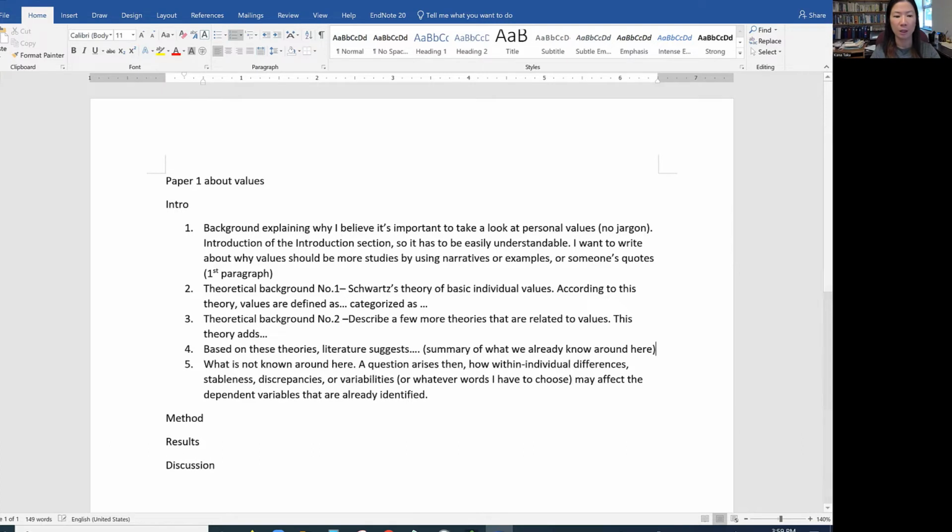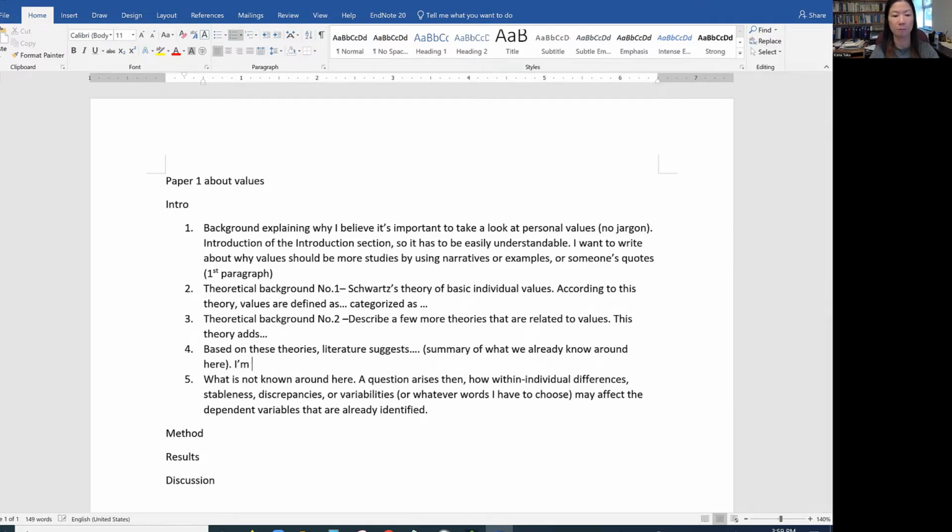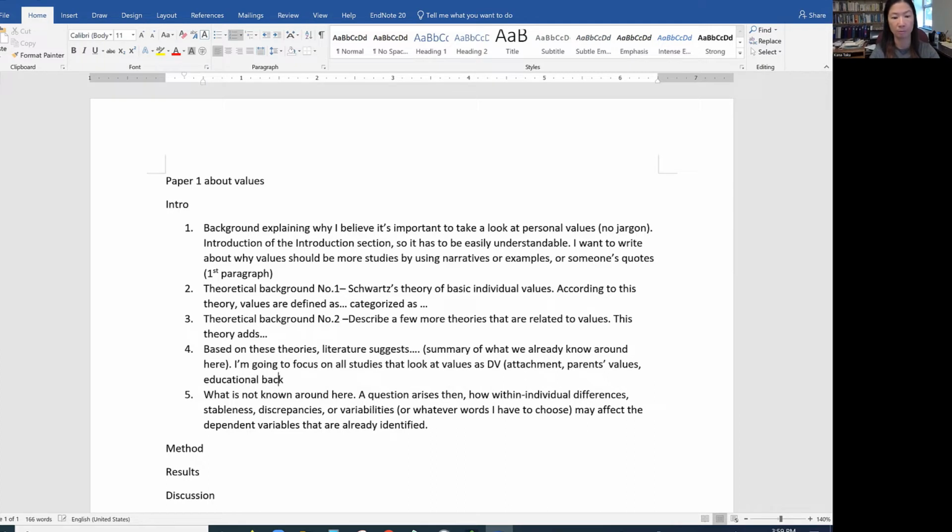So maybe here I'm going to focus on all studies that look at values as a dependent variable. So it could be, for example, attachment, parents' values, educational background, personality. All of these things may affect values.